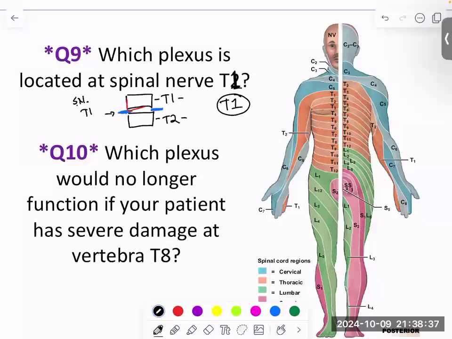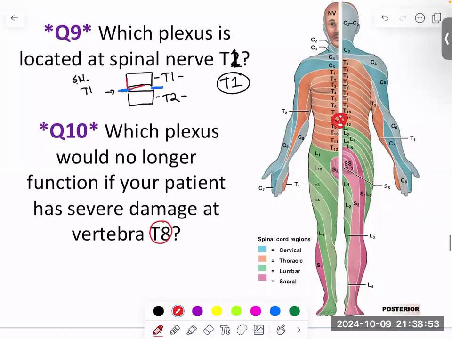This could happen after an accident. After a really bad accident, God forbid, your patient has severe damage to T8. What are their consequences going to be? Which plexus is no longer going to function? Which plexus, folks? All of the nerves that come off the lumbar plexus.